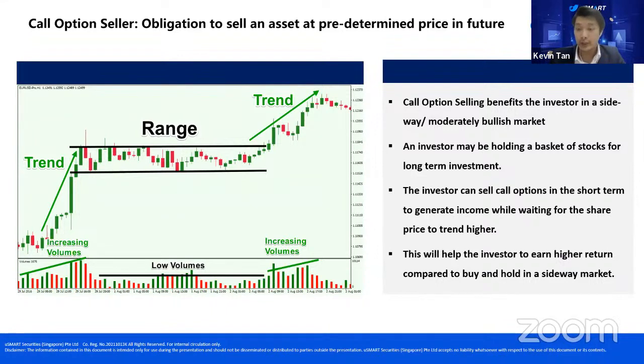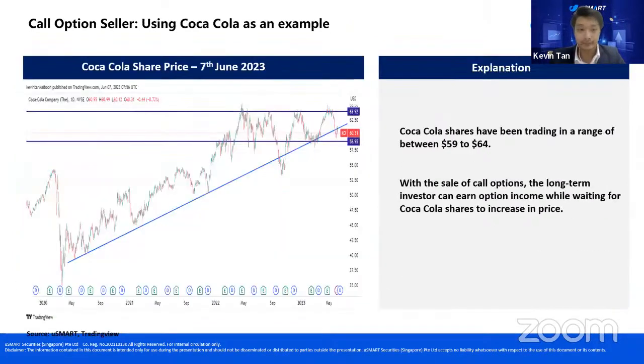And I want to share a few examples of real life cases of how you can take advantage of this. A very good example that I have right here is Coca-Cola shares. We all know that Coca-Cola is an extremely good consumer staple company. You can see from the trend that, longer term, it trends upwards.